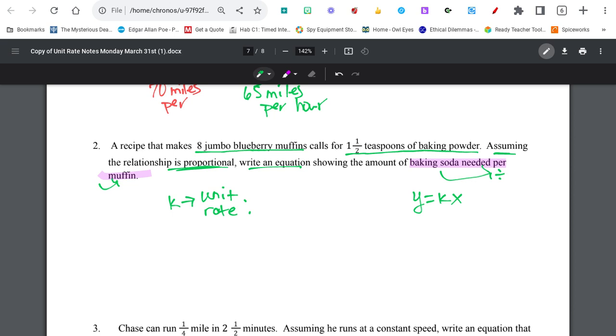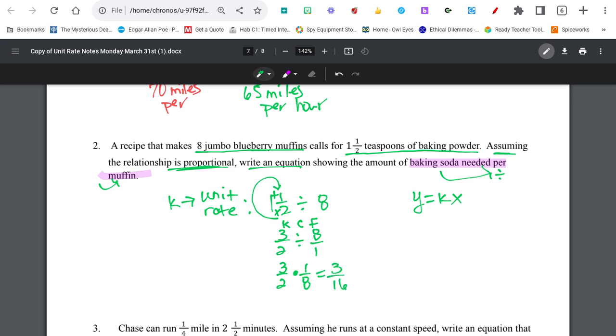All right. So I'm going to take the baking soda, which is 1.5. I'm going to use the division symbol, divided by 8. So I'm going to use the C method here. 2 times 1 is 2, plus 1 is 3. That's 3/2 divided by 8. I'm going to put 8 over 1. And then I'm going to do keep, change, and flip. So I get 3/16.